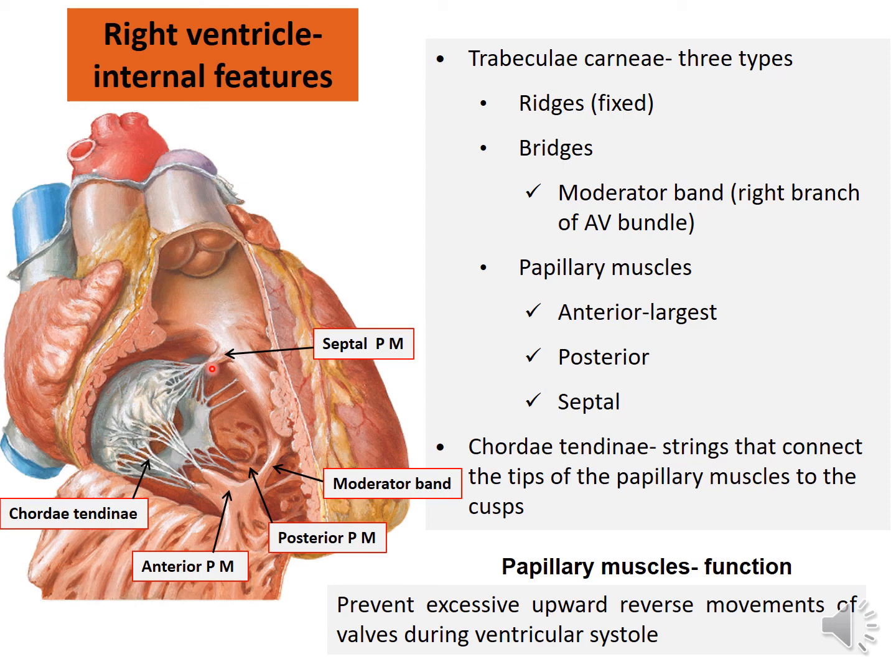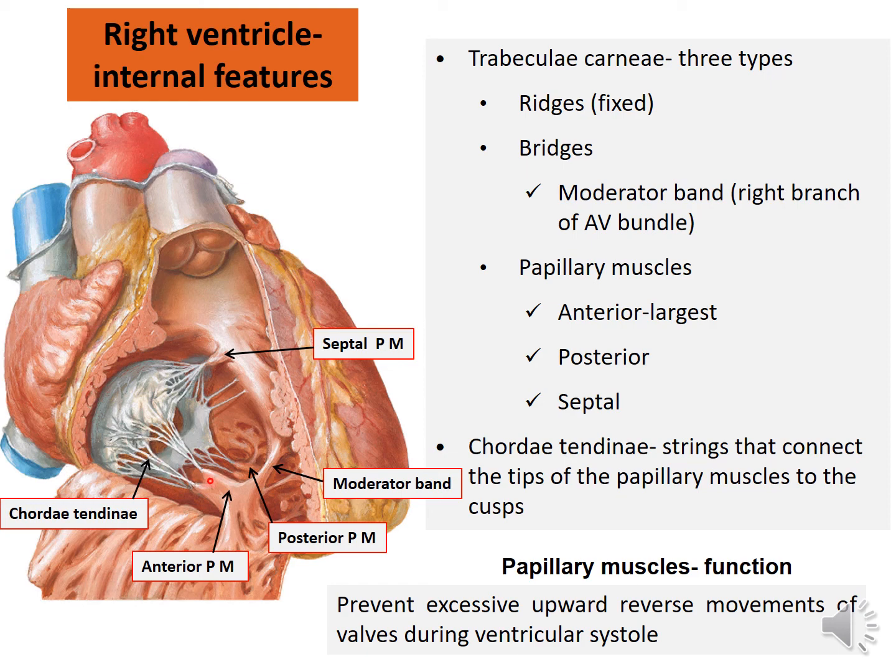I will explain. So basically this tricuspid valve opens during atrial systole and ventricular diastole, and during ventricular systole these cusps of the valve will close so that the blood from the right ventricle will not enter into the right atrium.